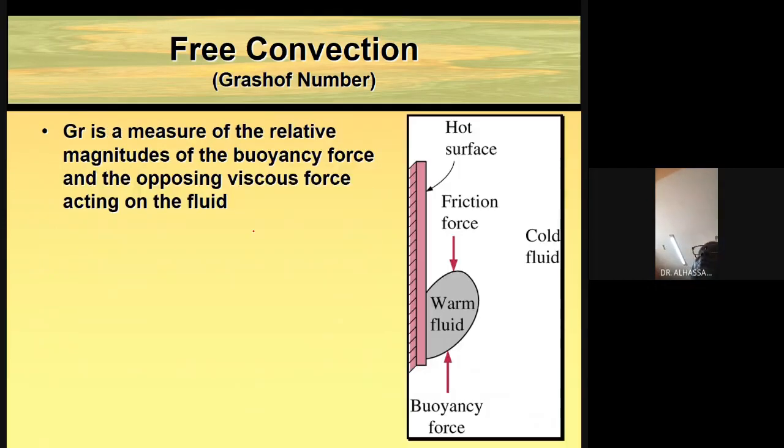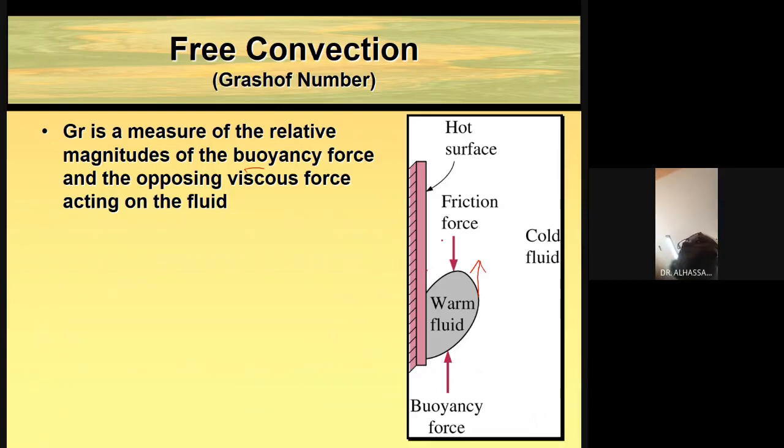Okay, so here the Grashof number is a measure of the relative magnitude of the buoyancy. I've told you, buoyancy force is the force which propels the fluid to move up because of its low density. But on the other hand, there is a friction because the fluid is directly held by the plate.